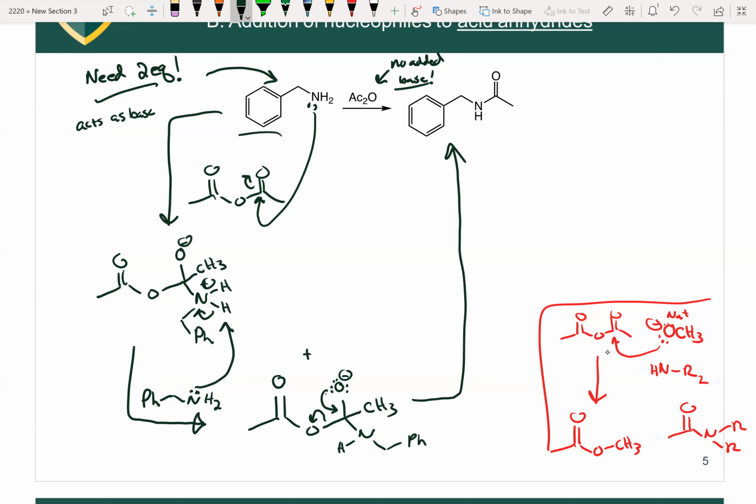All right, and one thing I didn't draw over here was the conjugate acid of our amine base. That balances the charge. And our counterion to that compound is the acetate that leaves. So it'd be this ion pair. Now the pKa of this compound here is about 9.